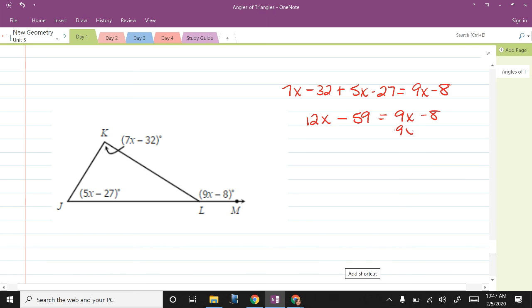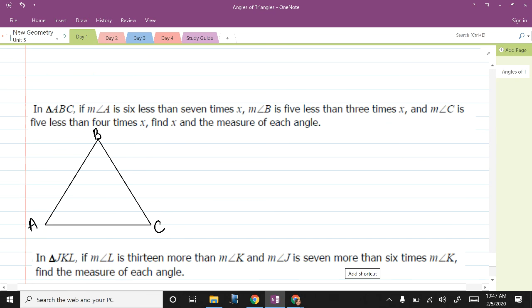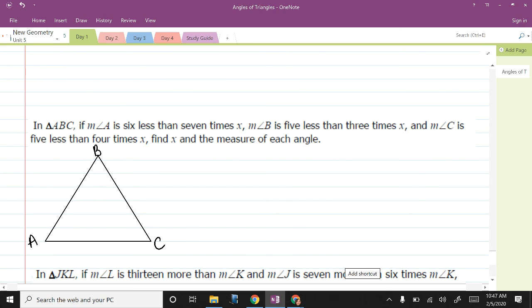I'm going to subtract 9x. So 3x minus 59 equals negative 8. Add 59. What do we get there? That's what I thought. It ends in a 7. And then we can plug in from there. Okay, this is what I was trying to get to.